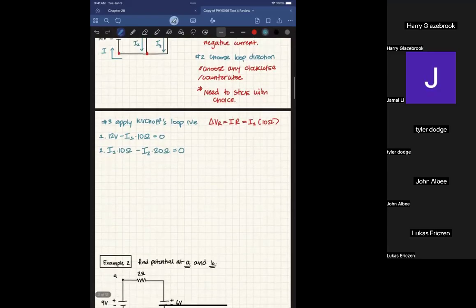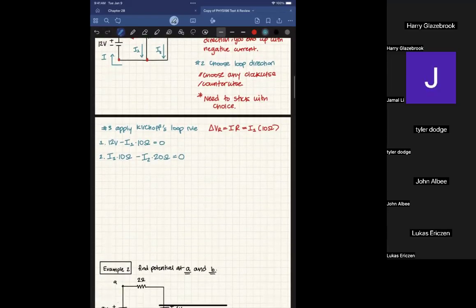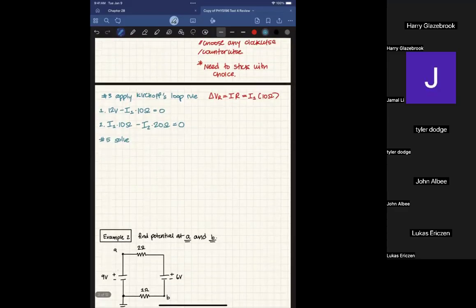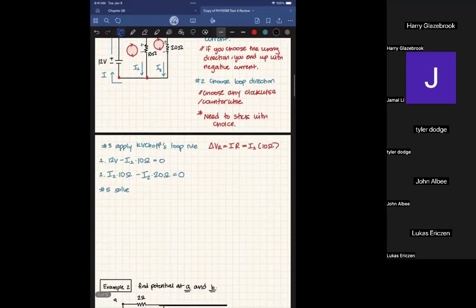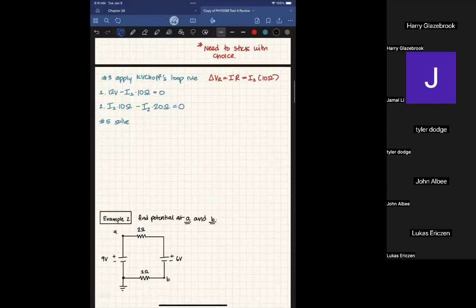Cool. So from here, we have all of our equations and we just have to solve. We're trying to find I2 because that's the current flowing through the 20 ohm resistor. From here, all I'm going to do is add 20 I2 on both sides.